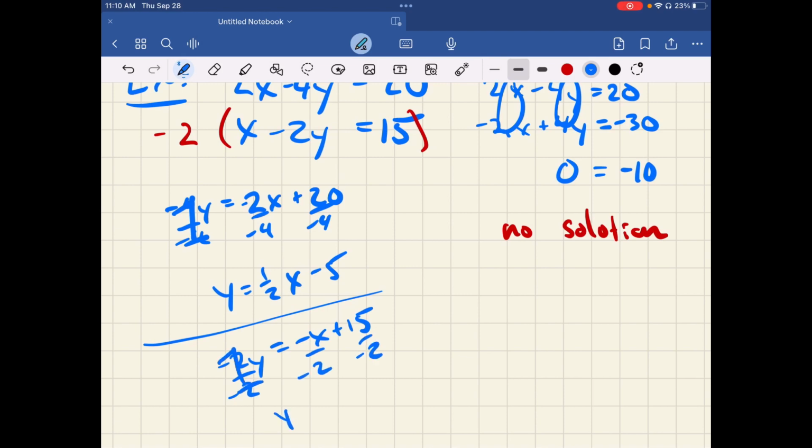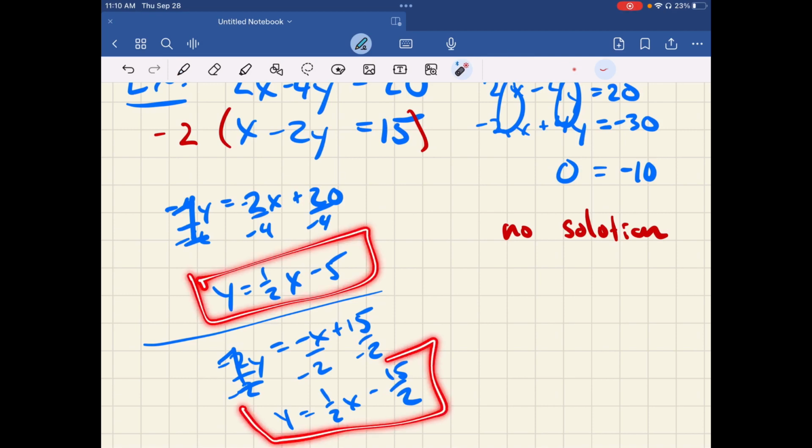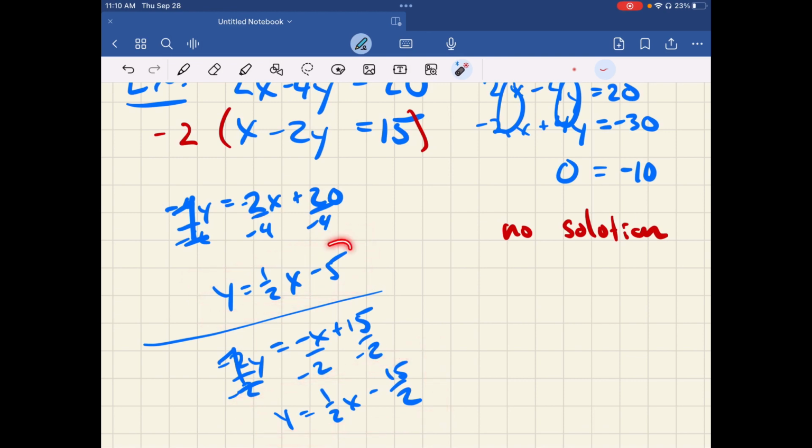That's a 1, and I have y equals 1/2 x, and in this case I have minus 15 over 2. Now, if I were to graph both of these, what we would know is that is almost the exact same line, except I have different y-intercepts, which would tell me that they are parallel because the slopes are the exact same.